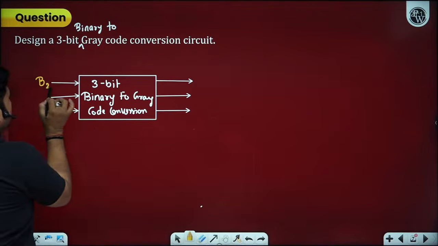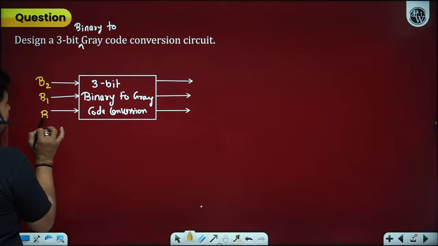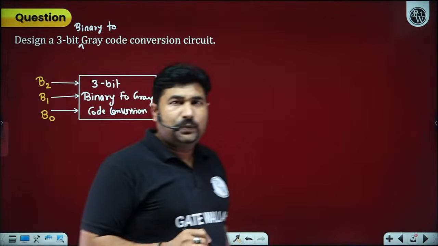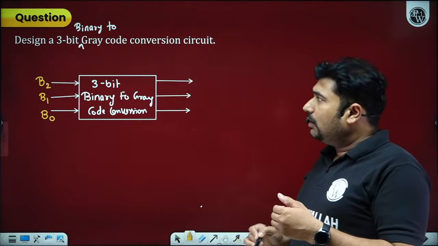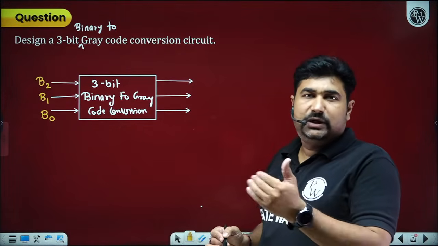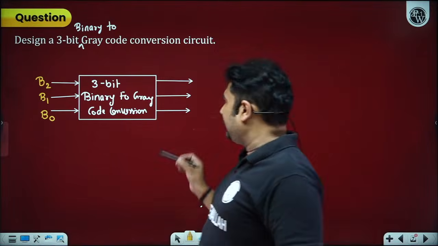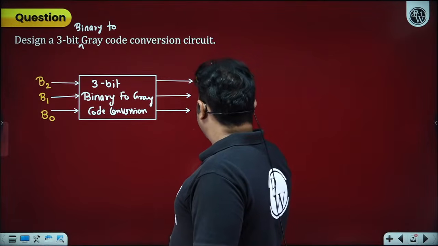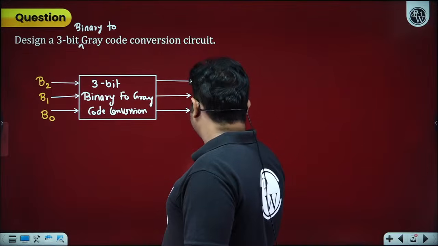These are the input binary code, and the indices 2, 1, 0 automatically tell us about the most significant bit and least significant bit. B2 is the most significant and B0 is the least significant. And the gray code we want is G2, G1 and G0.